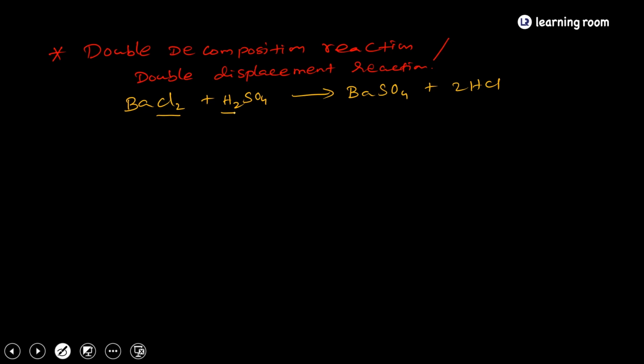Is it clear? So these are ionic reactions. That's why the displacement happens very easily. So in the double displacement, barium replaced hydrogen and chlorine replaced barium. You can say it either way. So this is called double decomposition or double displacement reaction.